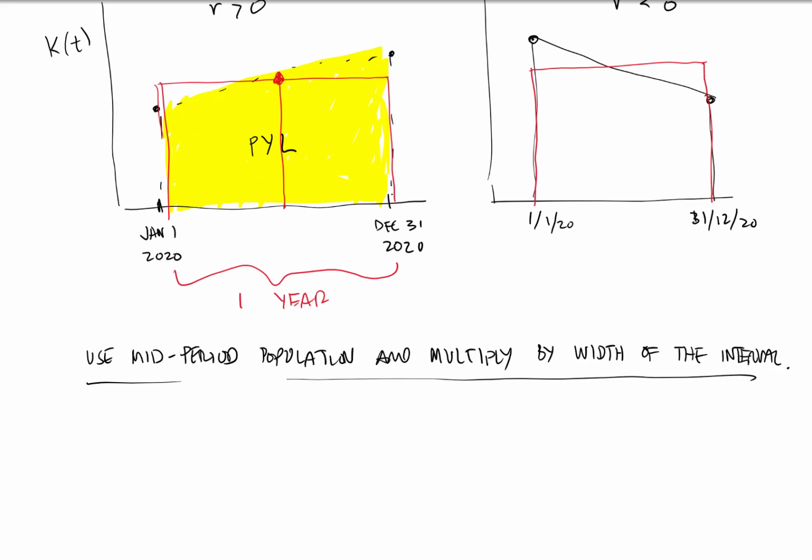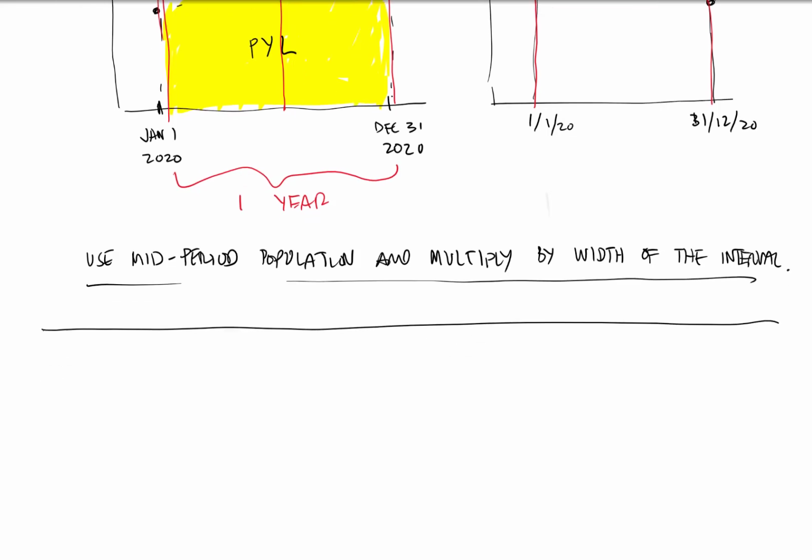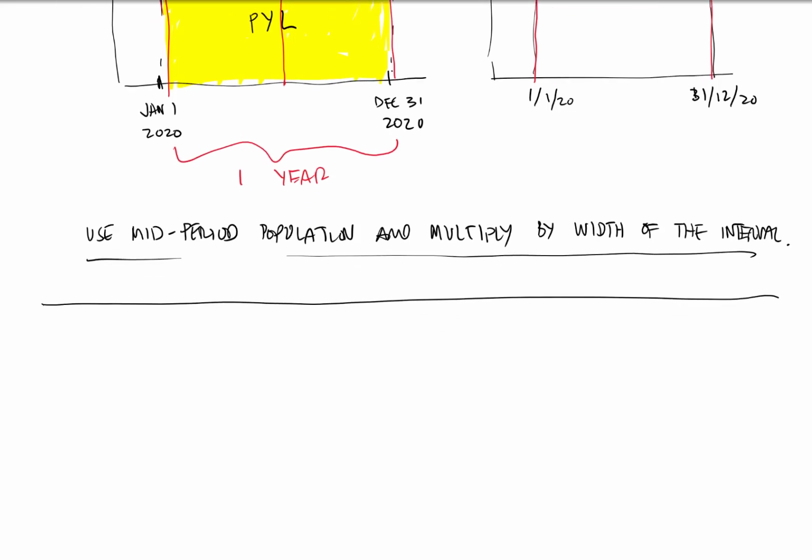Okay, I said earlier, let's start a new topic. When we do period life tables, we now know how to calculate period years lived, person years lived. That's the vertical strip. But we had a problem, and our problem was that in order to create the life table, we need to have an entire column.